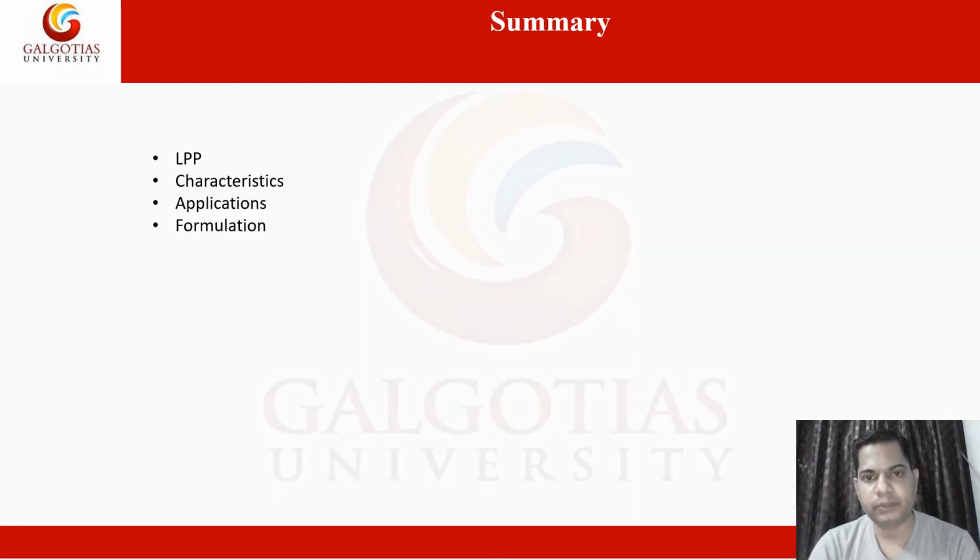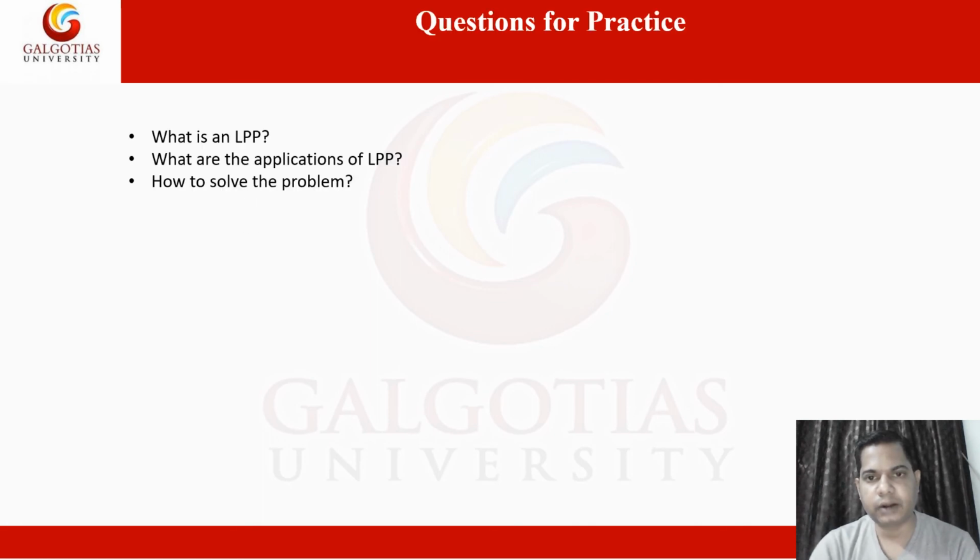So as a summary of this class, we have studied what LPP basically is, what the characteristics of LPP are, what the applications are, and how to formulate any problem into an LPP or into a mathematical form so that we can solve it. Now when we started this class, there were some questions in the mind, and when we end this class there will also be some questions in the mind.